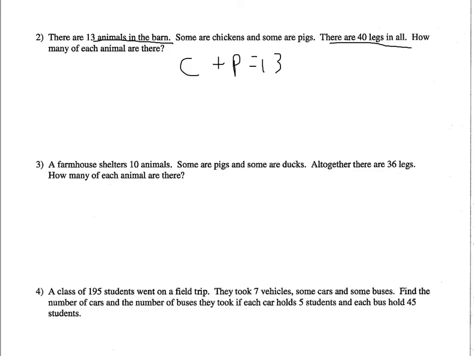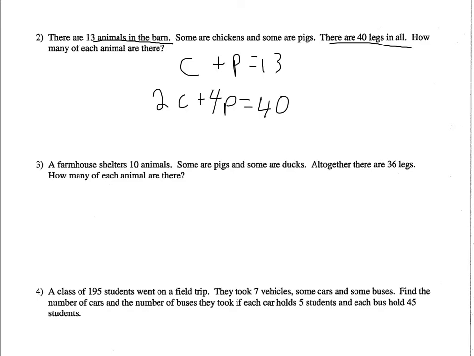Pretty straightforward. Now the equation that talks about how many legs there are. We know there are 40 legs total, but we must compare that to how many legs a chicken has and how many legs a pig has. Well, we know, of course, that chickens have 2 legs, and pigs, of course, have 4 legs.